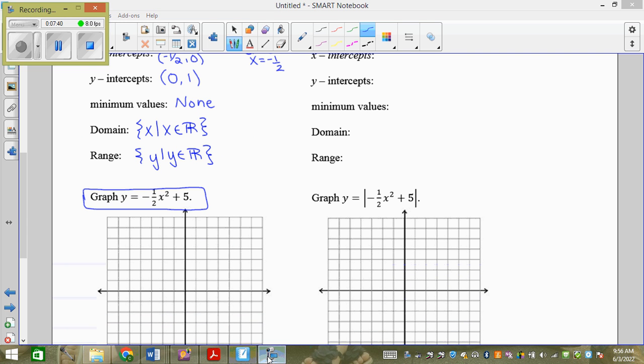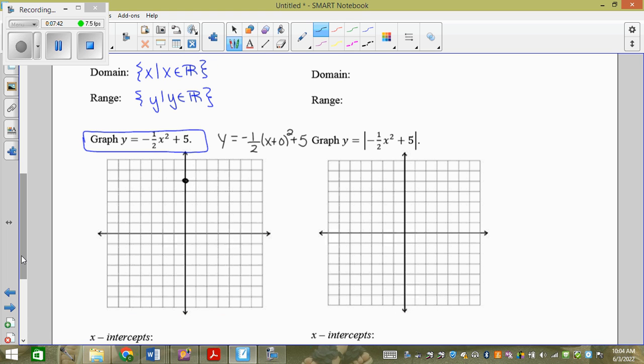The one next. So we change it to x plus 0 squared, so it's going to be at 0, 5. Then we go to our table of values, and we pick other ones off the side. So we have negative 1 and 4.5. Negative 2 and 3. Negative 3 and 0.5.